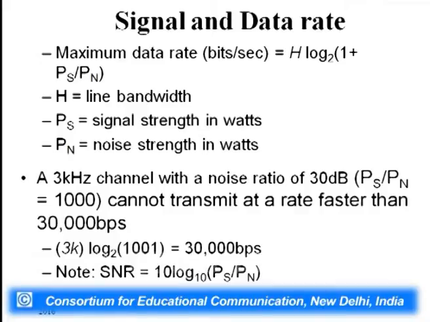So, that means SNR is 30 dB, that means 30 is equal to 10 log 10 Ps by Pn. So, if I divide 30 by 10, it becomes 3 equal to log 10 Ps by Pn. So, therefore, Ps by Pn will be 10 raised to the power 3, which is 1000. So, Ps by Pn simple ratio is 1000.